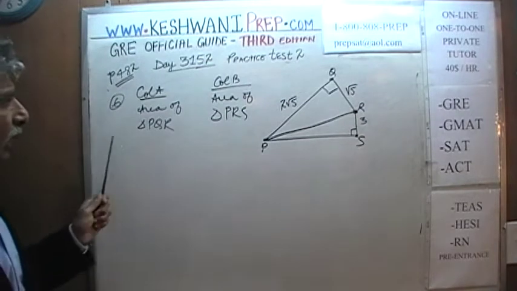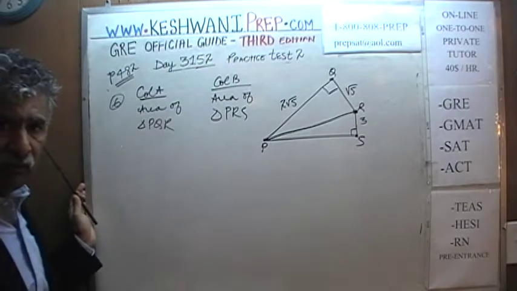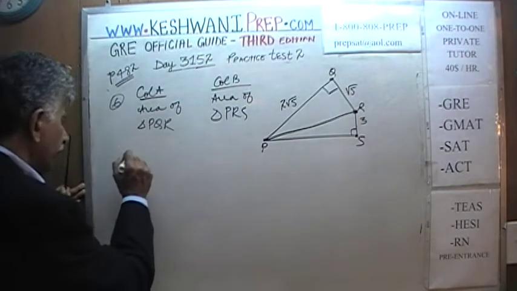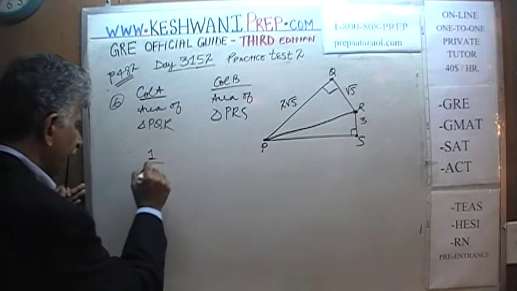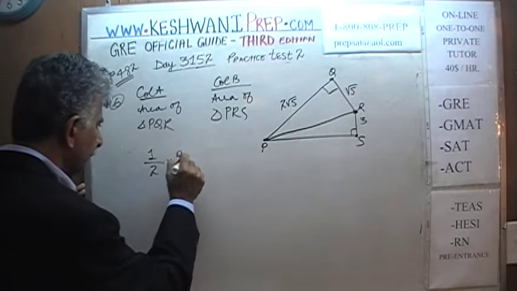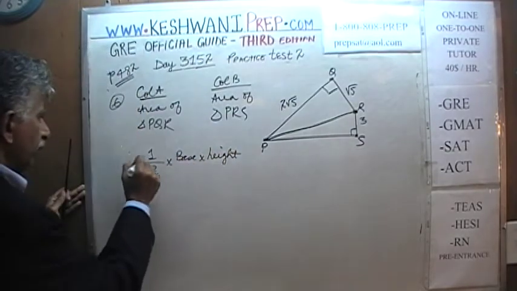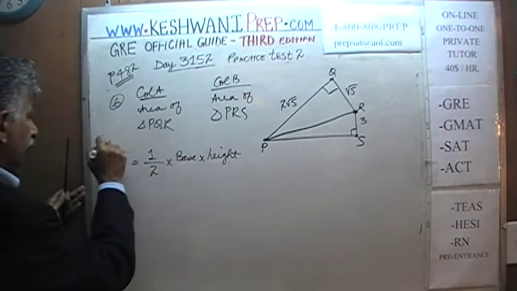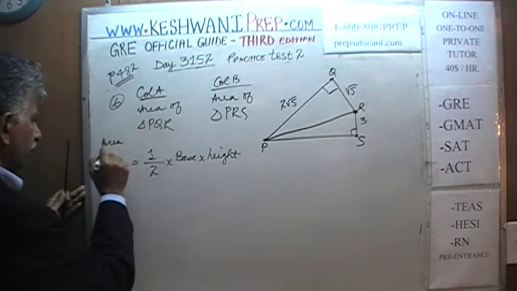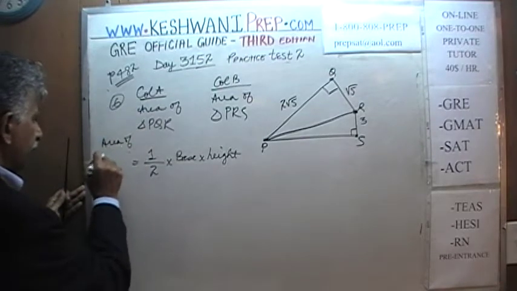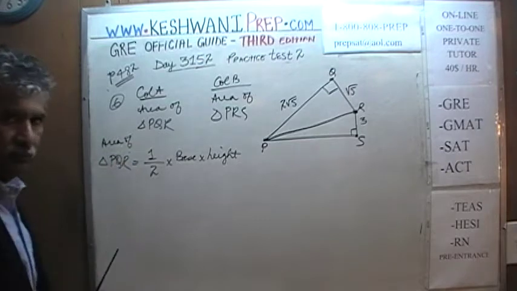Well, PQR. How do we find, first of all, the area of a triangle? Area of a triangle is simply 1/2 base times height. Area of triangle PQR is what we're going to do first.